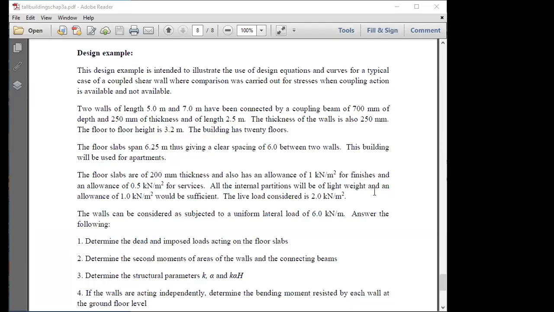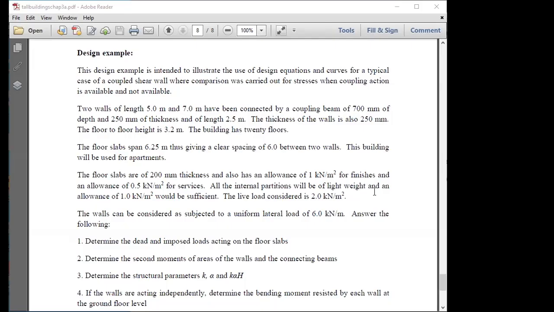So the partition material will be lightweight material. When I say lightweight material, it can be masonry, but it's lightweight. And the external wall will have windows. So because of that reason, we'll consider this 1 kilonewton per meter squared would allow for all those partitions.